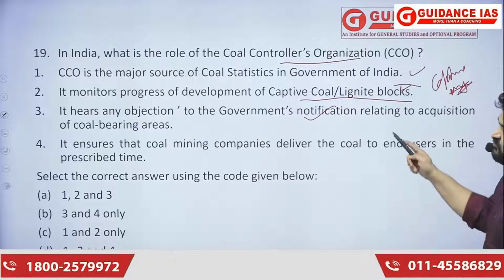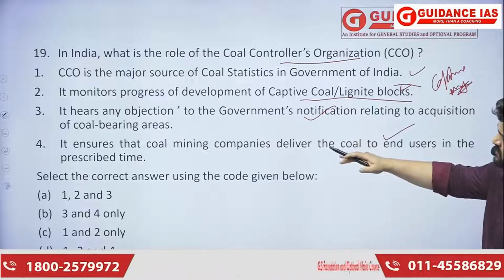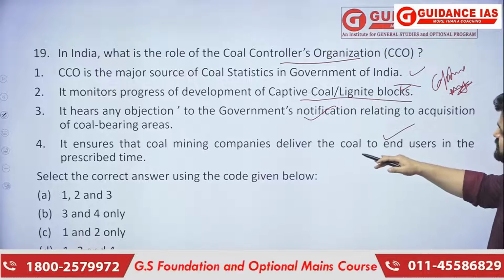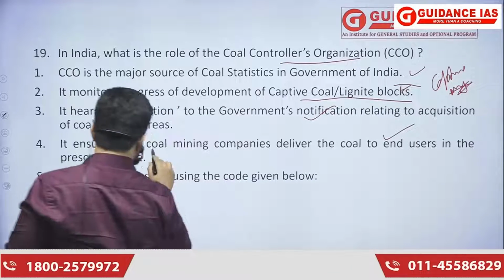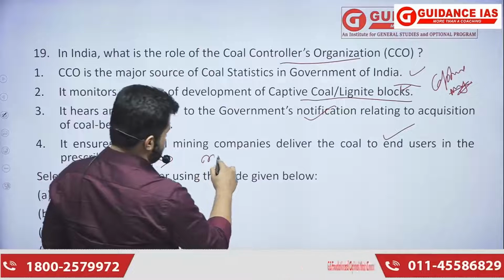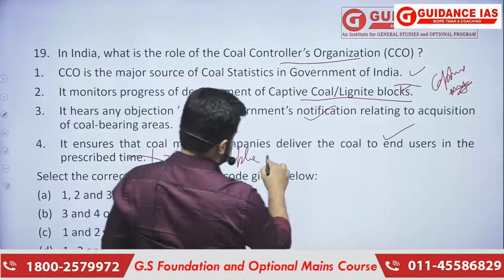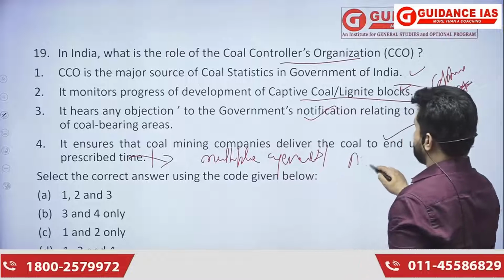The trick was in the fourth statement, that is, it ensures that coal mining companies deliver the coal to the end users in the prescribed time. Now this is something which is actually a collective task of multiple agencies working under the Ministry of Coal.